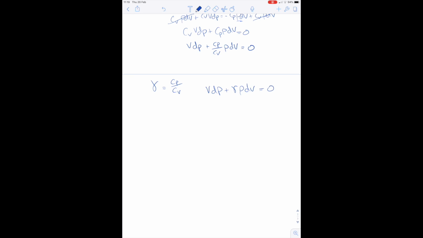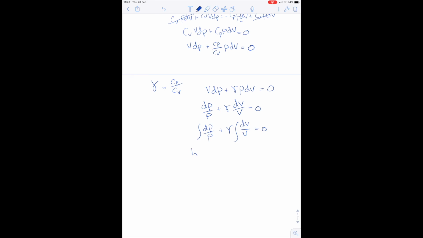Okay, so we'll just rearrange a little bit more to get terms in terms of pressure and one in terms of volume. So we have dP over P plus gamma dV over V equals 0, and we want to get rid of the differential terms by integrating. So integral of dP over P plus gamma integral of dV over V equals 0.